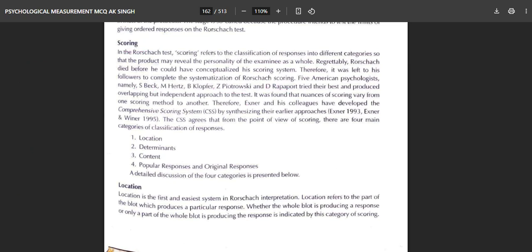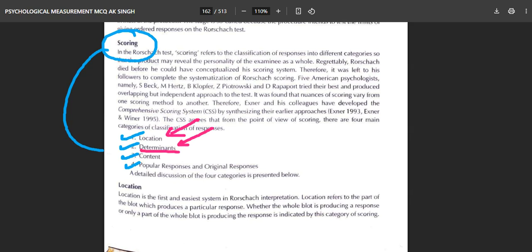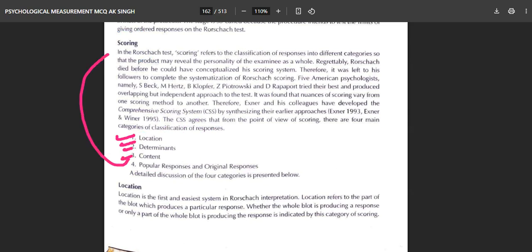As you can see, under the head of scoring, you have location, determinants, content and popular responses. What is the location on the card? What are the determinants, what made the person respond in that particular way? What is the content, and what are the popular responses and original responses? All of these come under the scoring head.